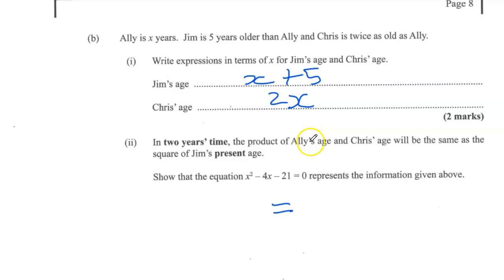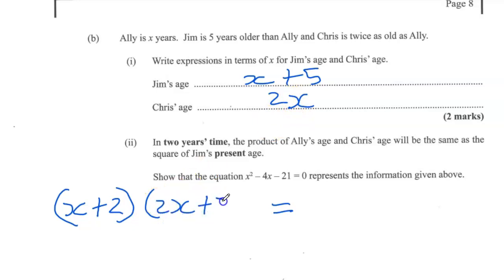In 2 years' time, the product of Ali's age. Remember Ali is now x, so in 2 years' time, Ali's age will be x plus 2. And Chris' age is now 2x, so in 2 years' time, it's 2x plus 2.